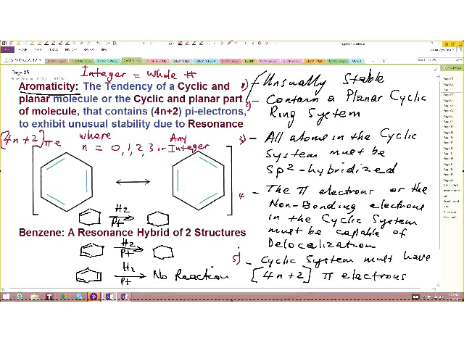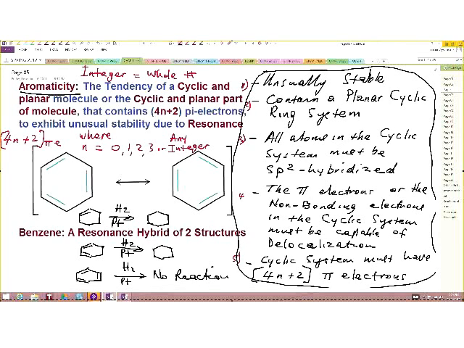All of these conditions here that make a molecule aromatic, we refer to as aromaticity. In other words, when we say a molecule shows aromaticity, all of these conditions must be met, not just one of them.